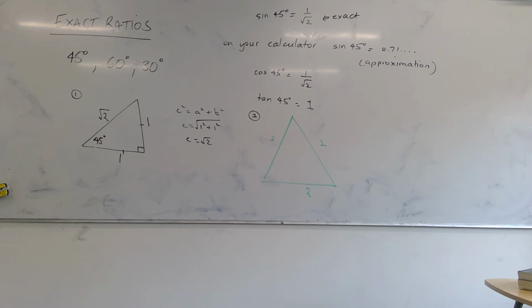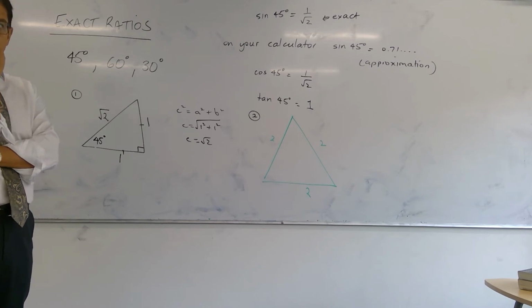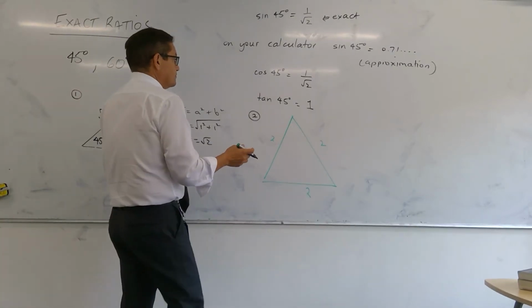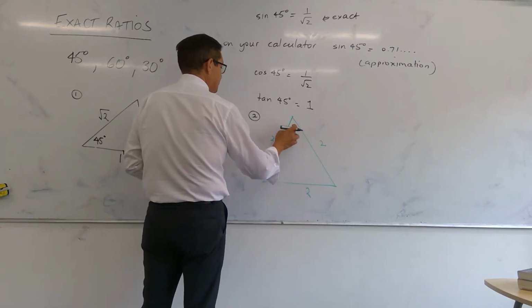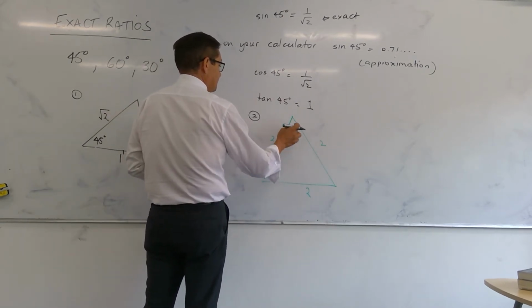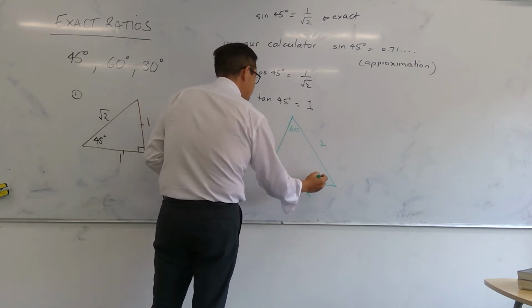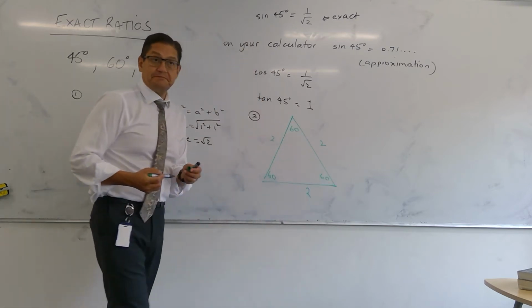Equilateral. Equilateral triangle, all sides are the same, all angles are the same. What does that make all the angles? They've got to add up to 180. Okay, that's 60, 60, 60.